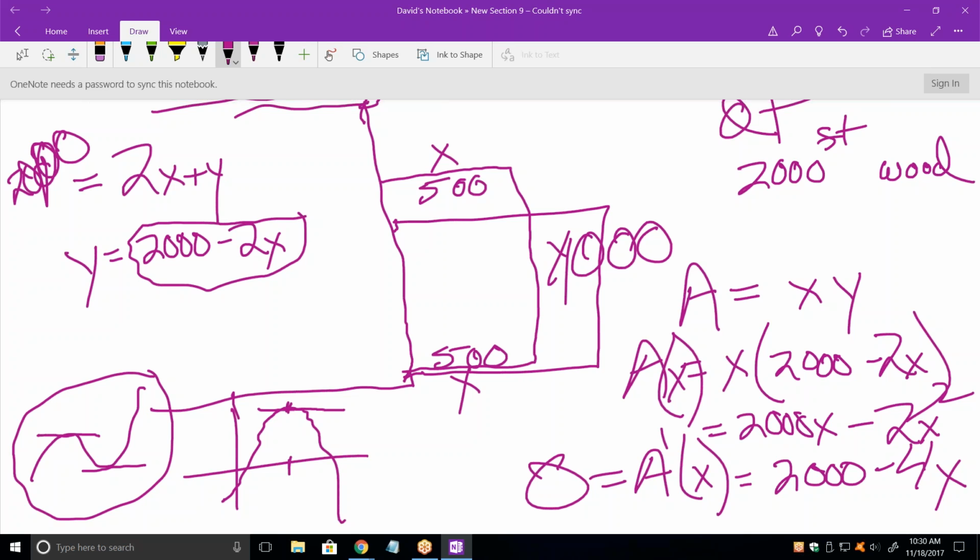Now, this specific problem is actually a problem you could have solved in algebra, because you have the math in algebra to figure out where the vertex of a quadratic is. All we would have needed to do was take this area equation, find out where its vertex is, and it would have been where x is 500.